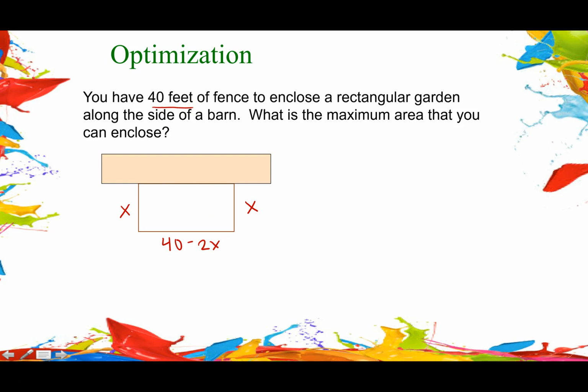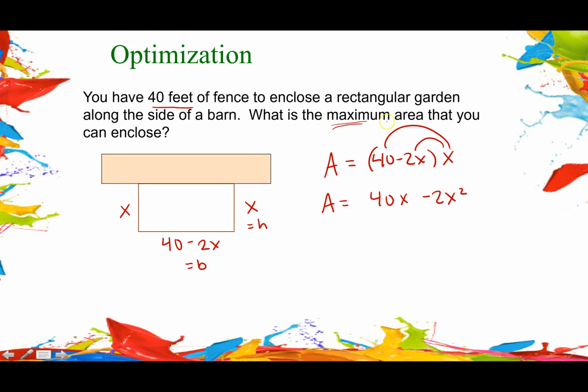So what's our area? Again, it's base times height. This is my base. This is my height. The area of my garden is base, 40 minus 2x, times my height, which is x. I'm going to distribute that x through, and I get 40x minus 2x squared. Again, I'm trying to maximize something, so I'm going to take the derivative.